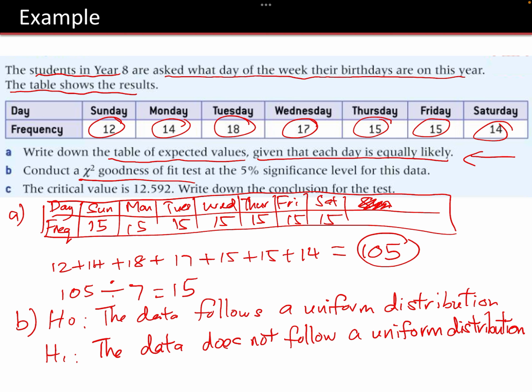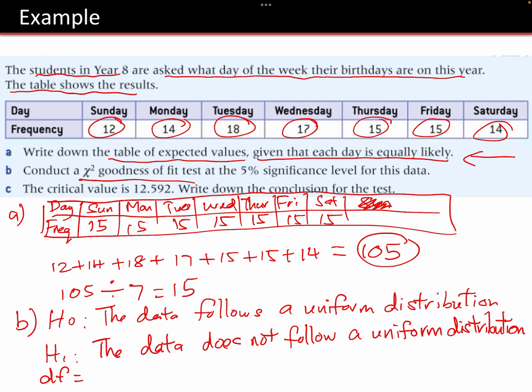So we're going to find the degrees of freedom. I mentioned the degrees of freedom before, and I'm going to talk about it now. Since we have 7 sets of data, and we know that degrees of freedom is looking at how many independent pieces of information you have, in this case we have 7 pieces of information. Now, if I give you 6 pieces of information, do I necessarily need to tell you the data for the 7th one?